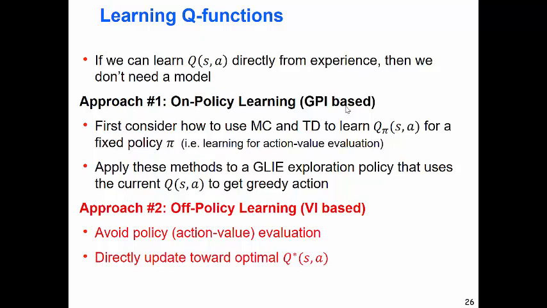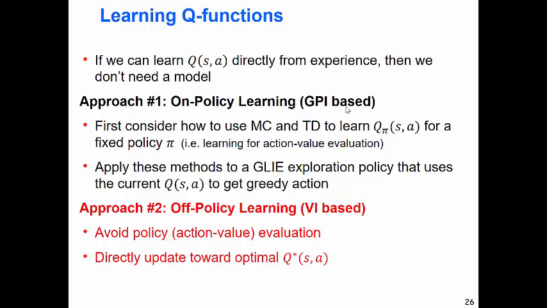And as long as you touch all states and actions infinitely often, this will converge. So it's called off-policy because you don't have to follow a particular policy. This algorithm is not trying to evaluate a policy. It's using experience to try to directly learn the optimal Q function. And so that's why they call this off-policy.